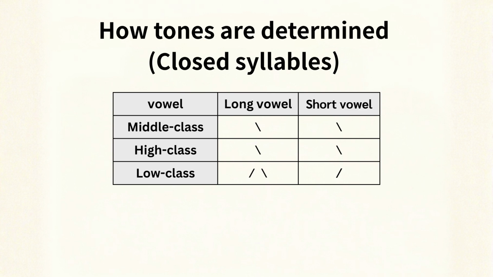When the vowel is short, for mid-class and high-class consonants, the tone is also low. For low-class consonants, the tone becomes high. In summary, when a syllable ends with p, t, or k, the tone depends on whether the vowel is long or short and the consonant class. This is the key point to remember.